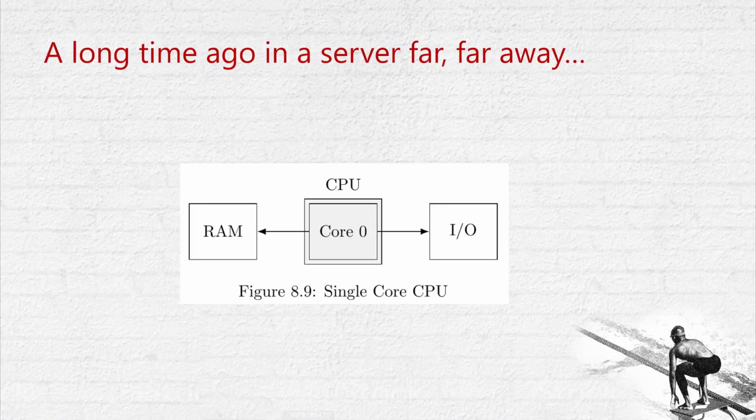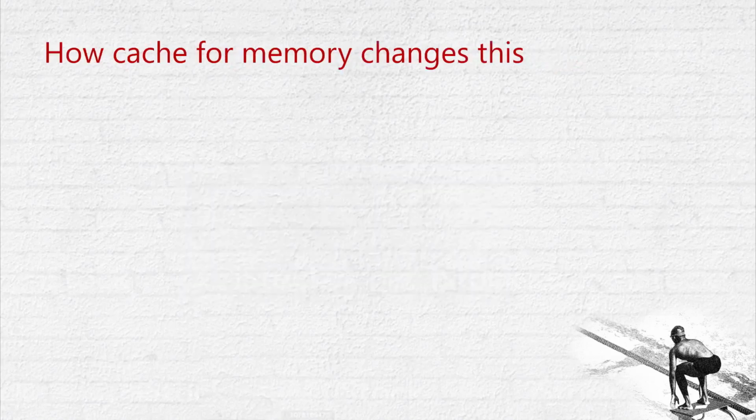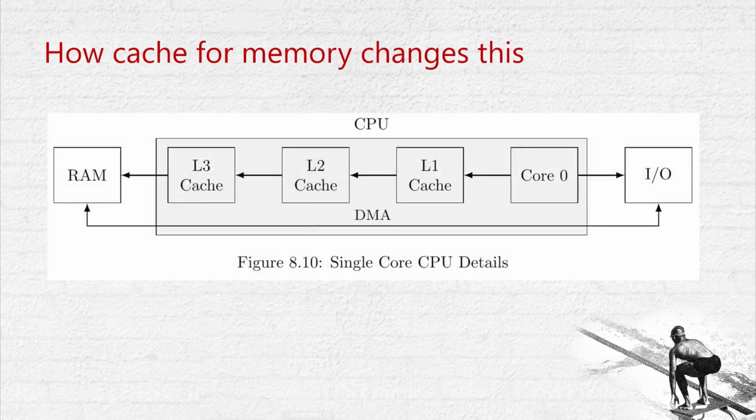But over time, this quickly changed because things got faster and faster, and not all the components could grow at the same time. So the first thing that was added to CPU cores was cache, because memory is really slow compared to the CPU itself. So putting some really, really fast and expensive memory inside the CPU that operates as a cache makes it much faster.